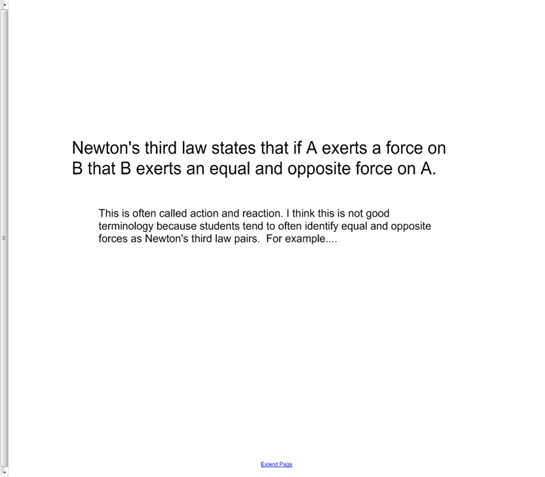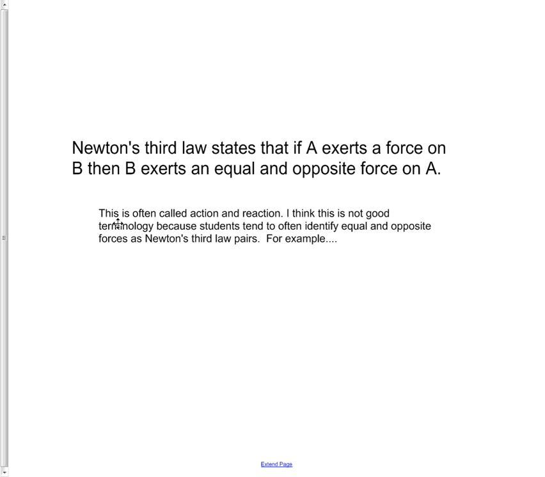So let's be sure we're clear on what Newton's third law says, and we say this very carefully. Newton's third law states that if A exerts a force on B, then B exerts an equal and opposite force on A. This is often called action and reaction, and I actually don't like that terminology at all.